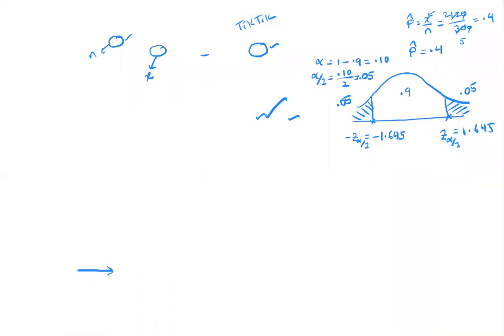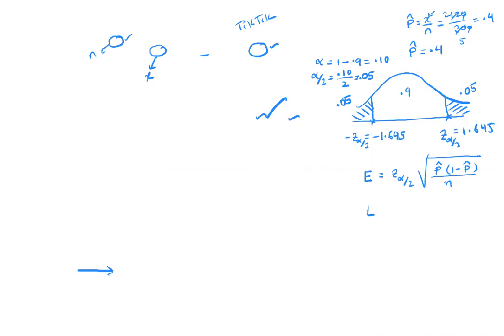So this is your z sub alpha over 2, negative 1.645. So your margin of error is going to be z sub alpha over 2 times the square root of p hat times 1 minus p hat, all of it divided by the sample size n.